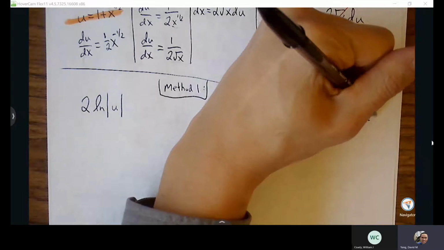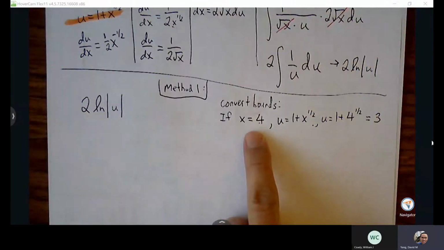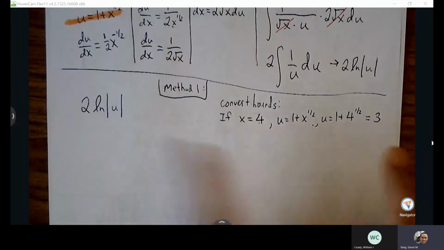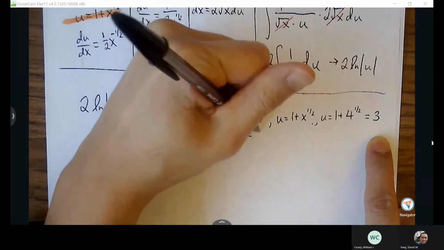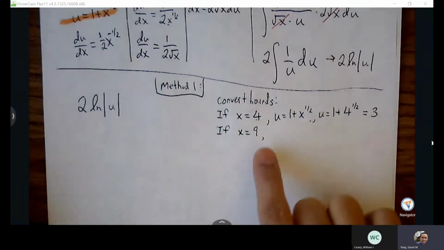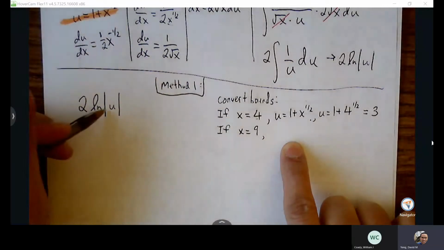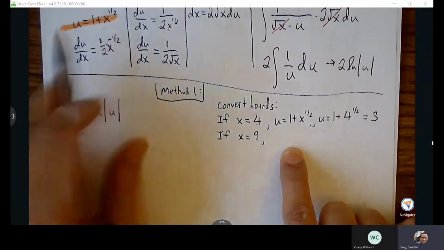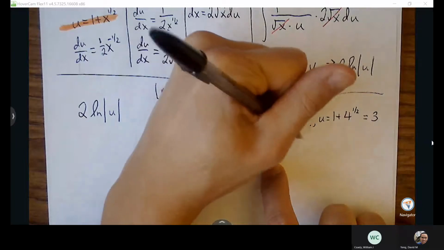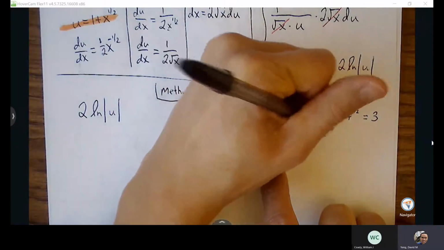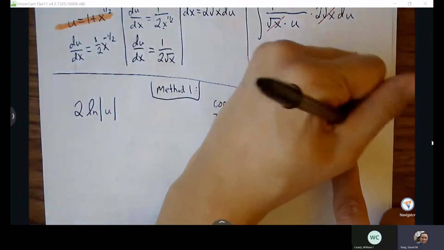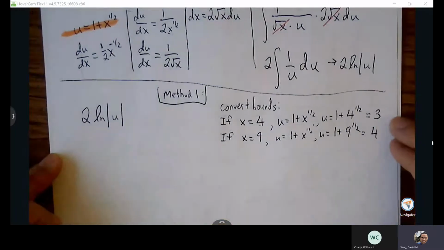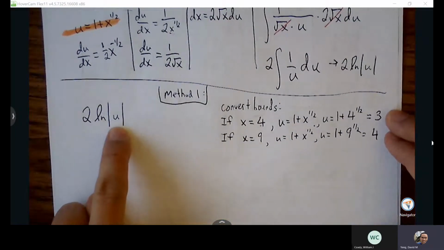So my new lower bound is 3 in terms of u, because I'm leaving my antiderivative in terms of u. And my original upper bound of 9, I'm going to get in terms of u going through the same process. Square root of 9 is 3, 1 plus 3 is 4. Now I have matching variables: u, and my bounds are also in terms of u.